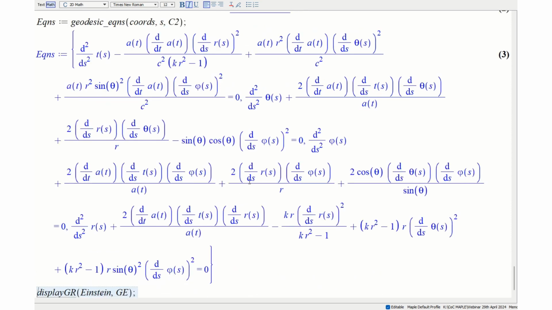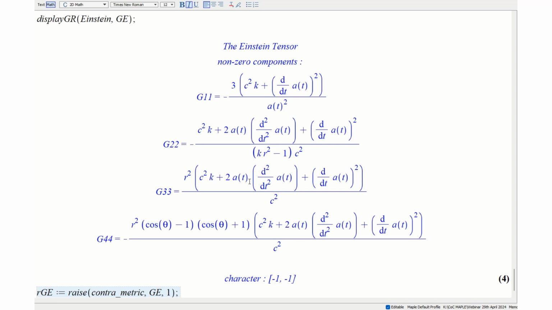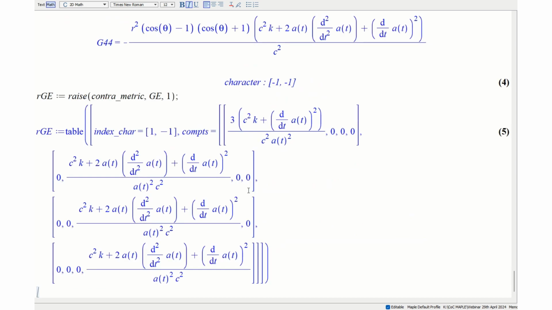So that's appearing on your screen, and you can see again the Einstein tensor, and this is the contravariant matrix of the Einstein tensor, which is for the Robertson-Walker model.